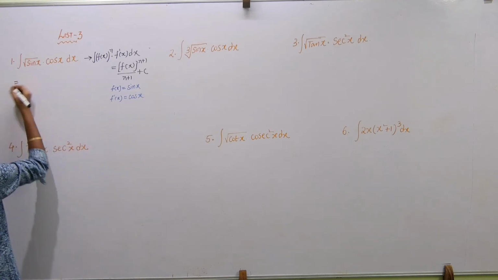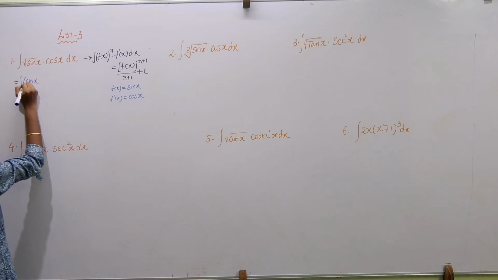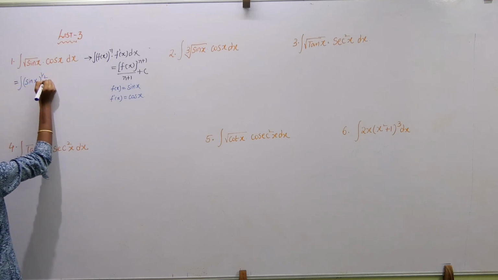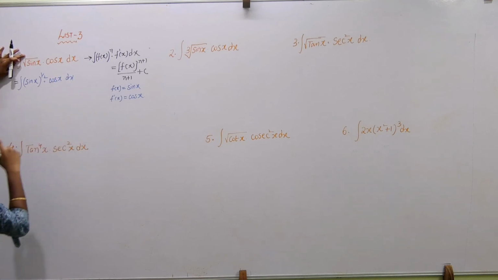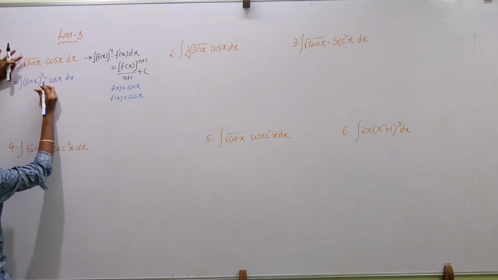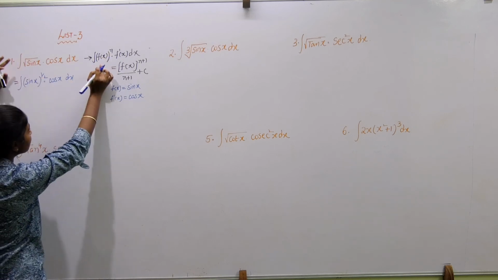In the first step, we write this as integral of (sin x)^(1/2) into cos x dx. I have written this root as power 1/2. Now the value of n is 1/2 when we compare it with this formula.